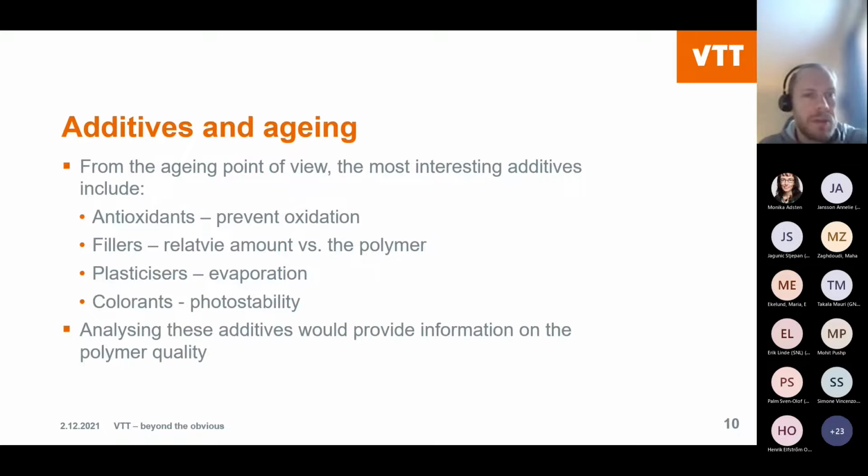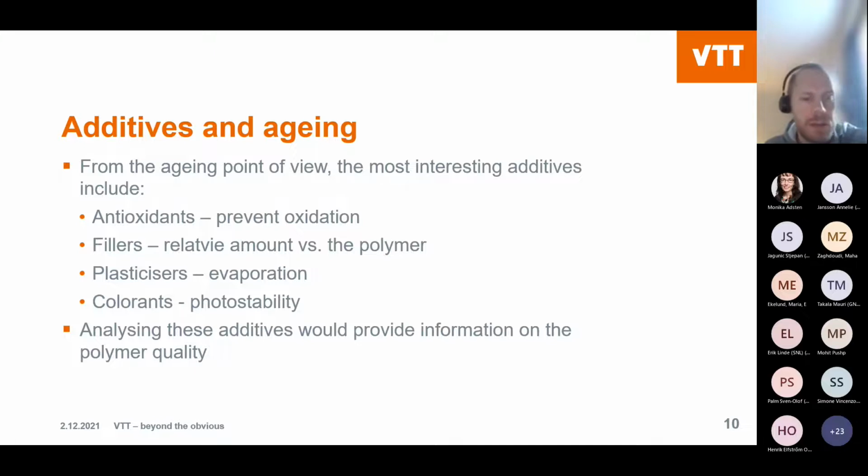So from this listing of additives and going through literature related to the different additives, from the aging point of view, we concluded that the most interesting additives include antioxidants. This is quite obvious because they prevent oxidation of the polymer. Then we have fillers, especially the relative amount of fillers versus the polymer. That can have a significant effect on the polymer quality.